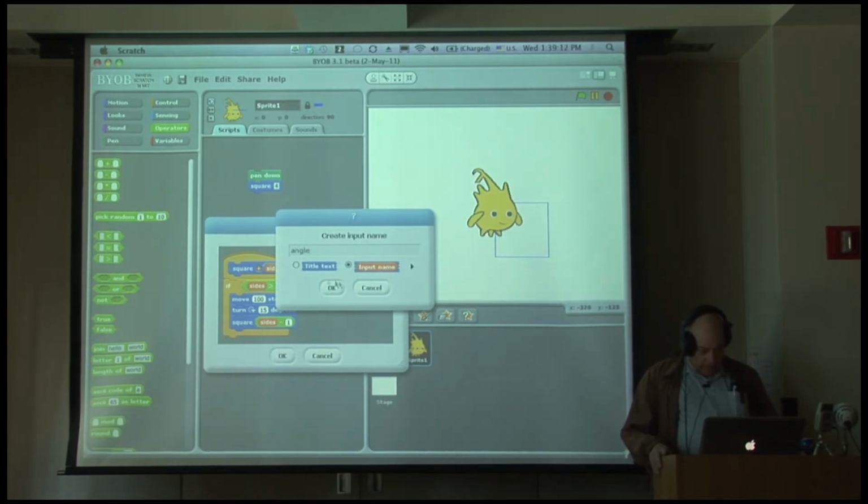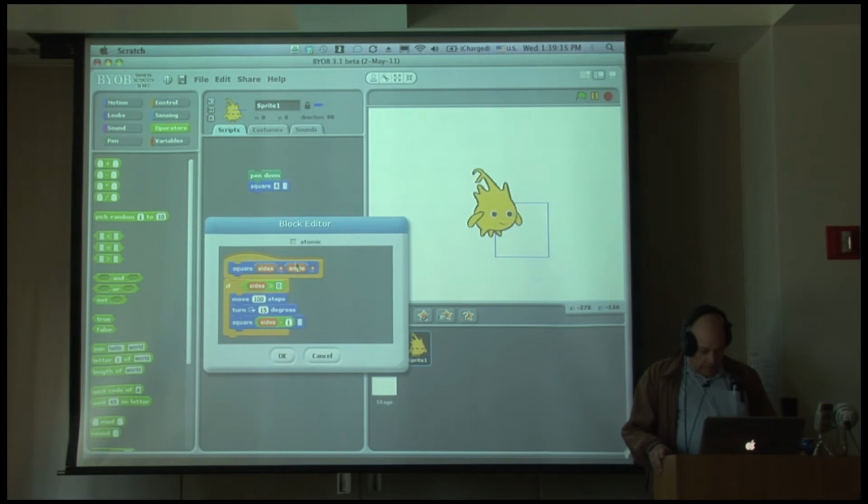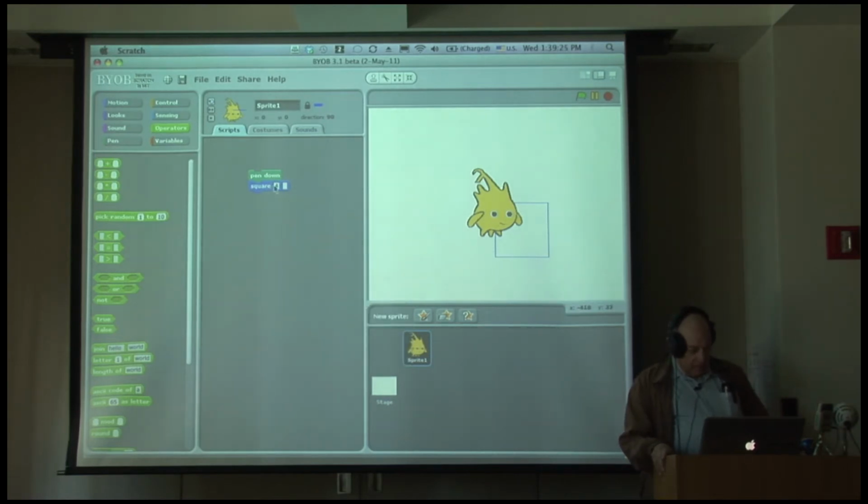That would be a good way to teach kids that the angle is turn that many degrees. And now I have a general draw-any-shape thing. Yeah, because I teach kids that.